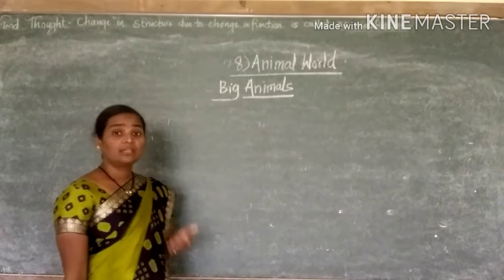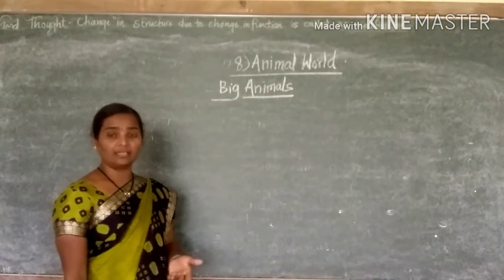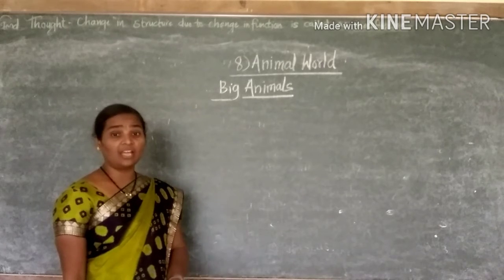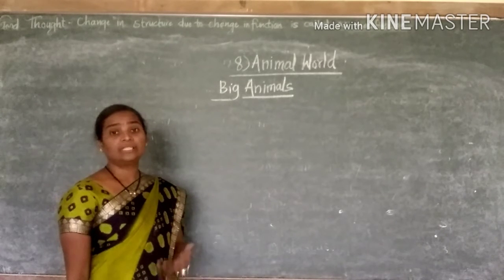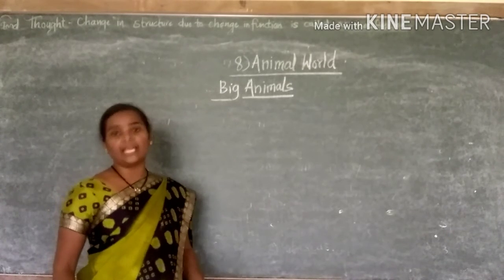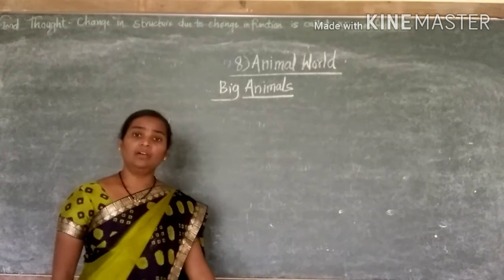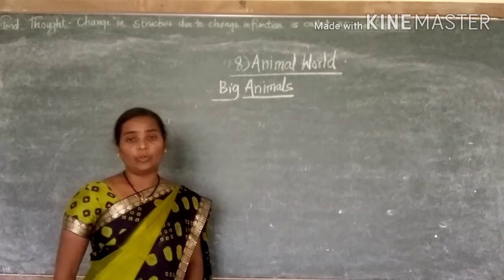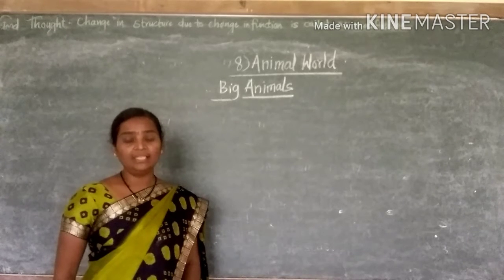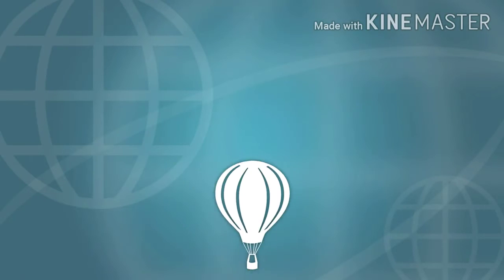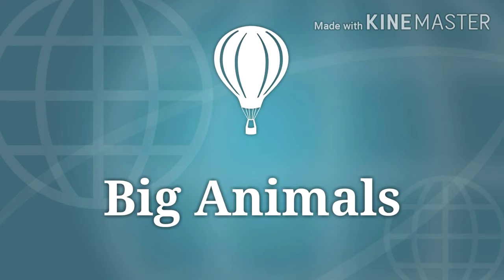Students, lion, tiger, elephant, giraffe, rhinoceros. These are the very big animals. Understood? They live in the forest. Okay, you get it? Next, we have big animals.